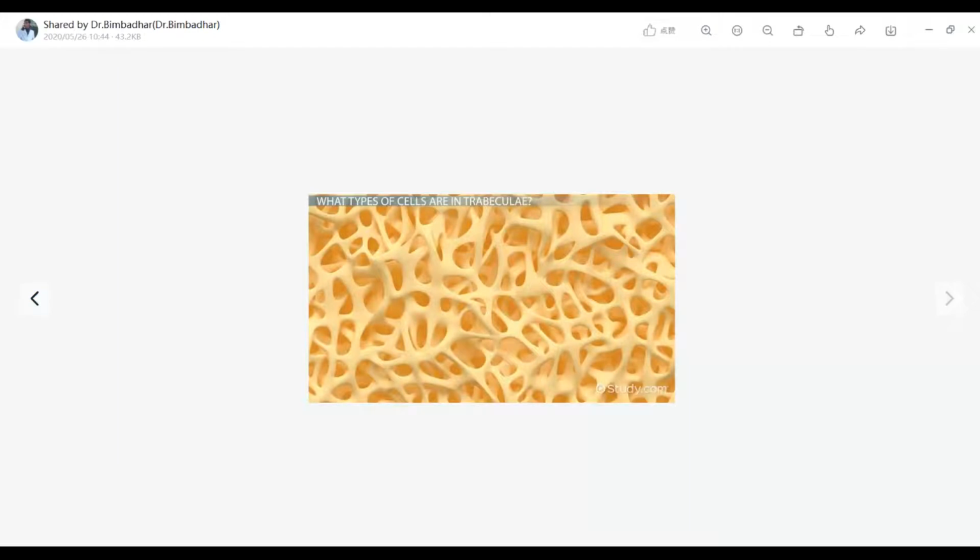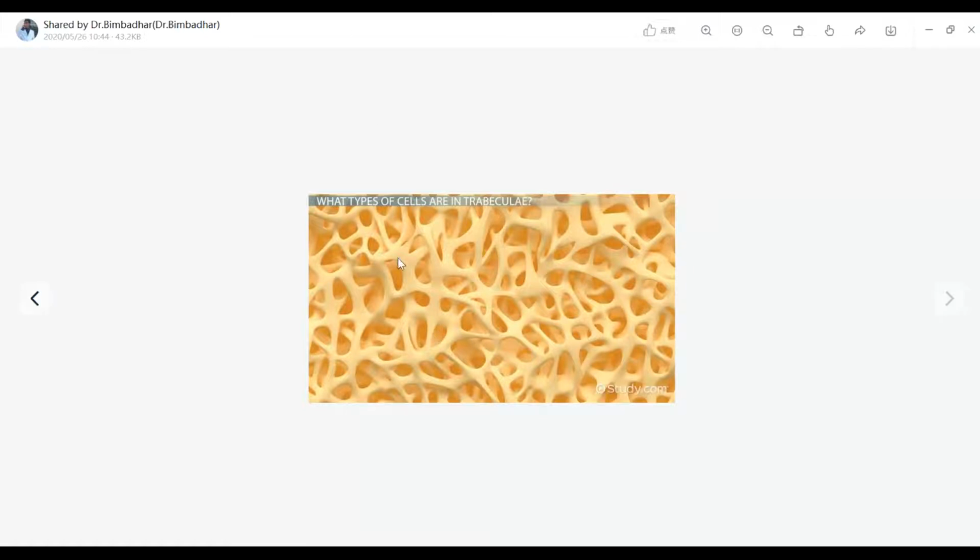You see here, there is a yellow or white colored network-like pattern all over the bone. This is called the trabeculae. The region present in between them is called the lacunae, or you can also call it the Haversian canal. Lacunae are the ones that form the Haversian canal later on.